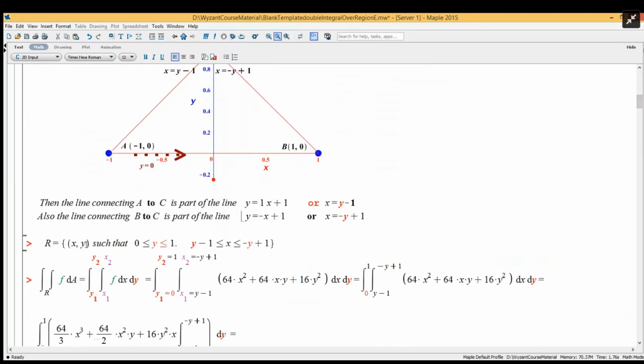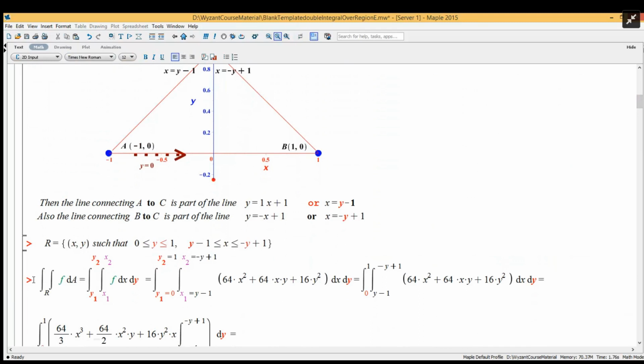R is the collection of x, y such that y is between 0 and 1, and then, of course, x is between this line and this line, or written as x is greater than or equal to y minus 1 and less than or equal to minus y plus 1.